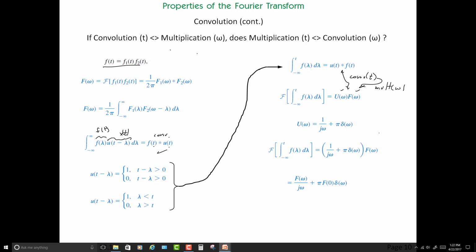But that's equal to, multiplying it out, F of omega over j omega, plus pi times F of 0 times the delta, and we get to use F of 0 because we're using the delta function. Well, I flipped to that too soon. So that is simply saying, yes, multiplication in the time domain, that's what we started with here, is convolution in the frequency domain.